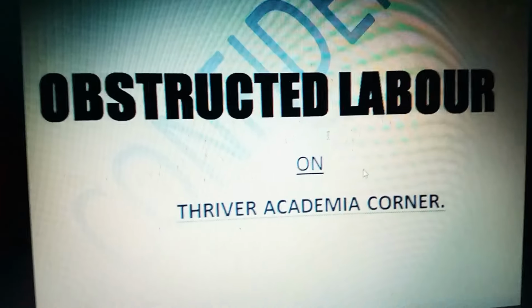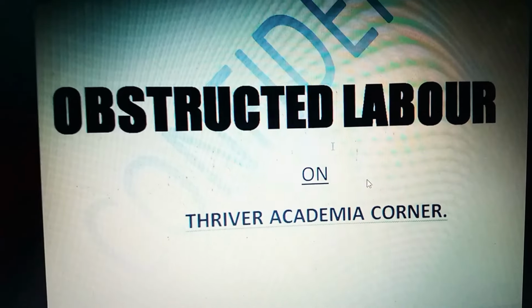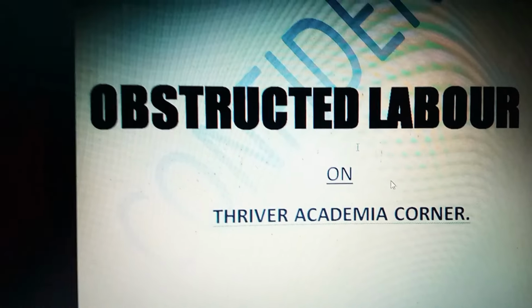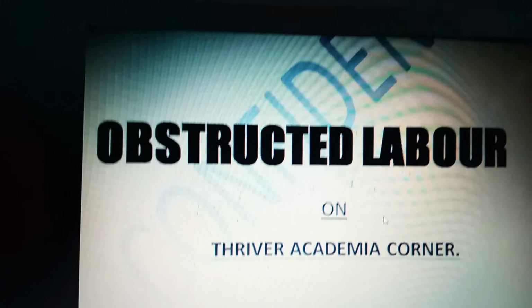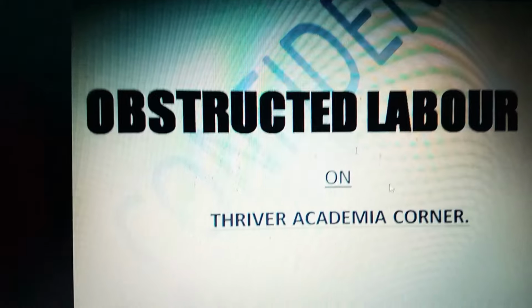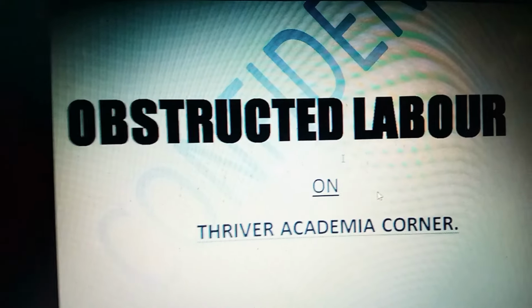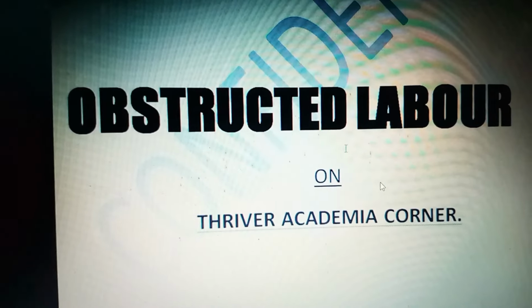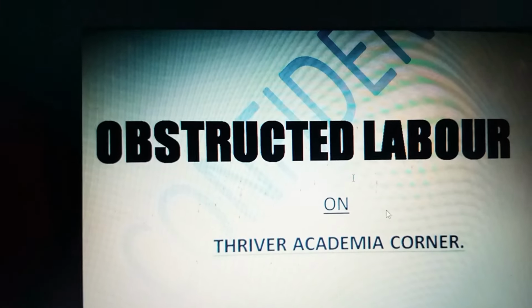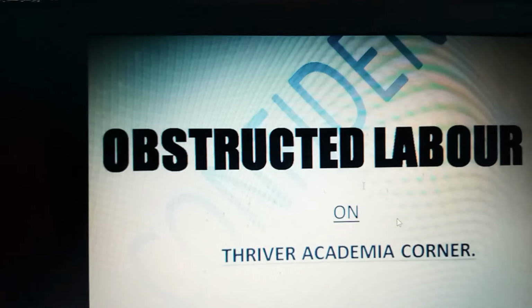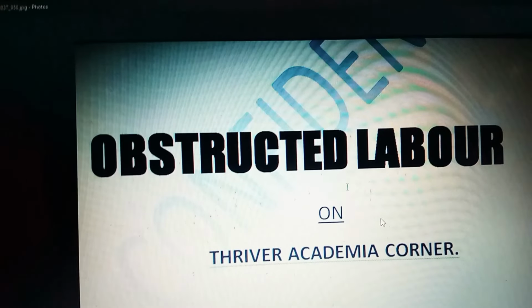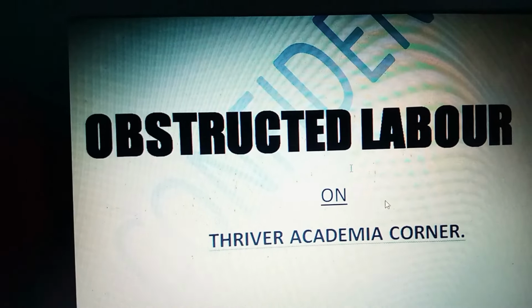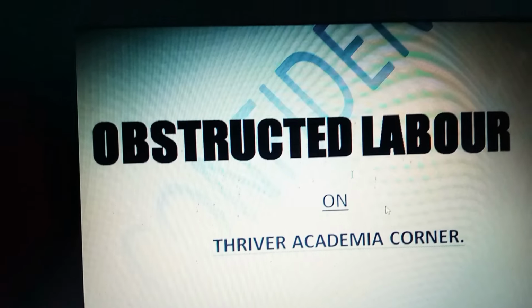So in summary, we have said obstructed labor is a complication of delivery, and being an obstetric emergency, there is a failure of the presenting part to descend in the birth canal in spite of good uterine contractions.